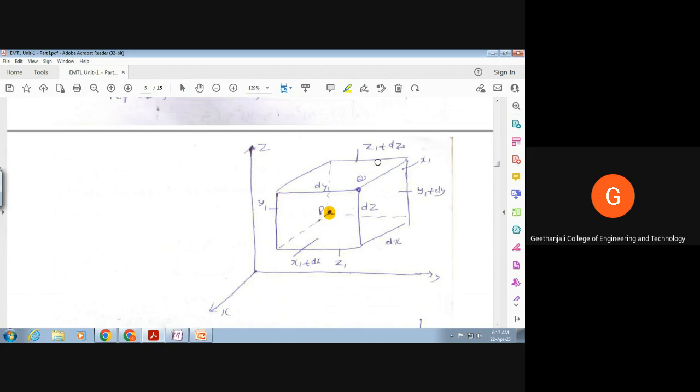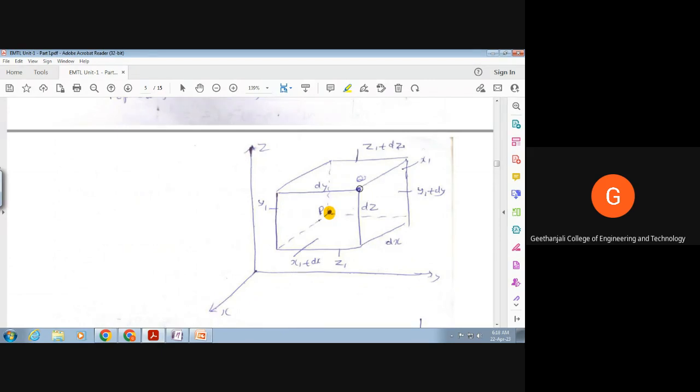So the back surface, because it is lying in the yz plane, must be x is equal to x1 constant, because it is passing through point P and the x coordinate of point P is x1. Similarly, the left hand surface, which is lying in the xz plane, y must be constant. So what is the y coordinate of point P? It is y1. Similarly, the bottom surface is z is equal to z1 constant.